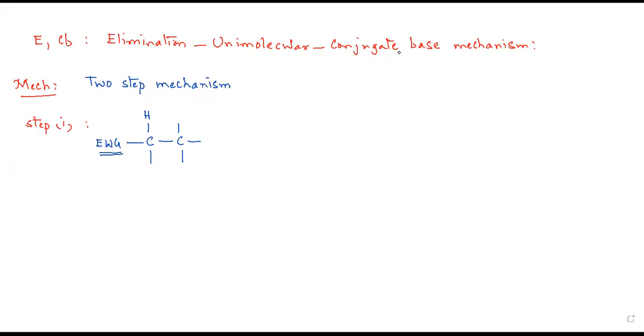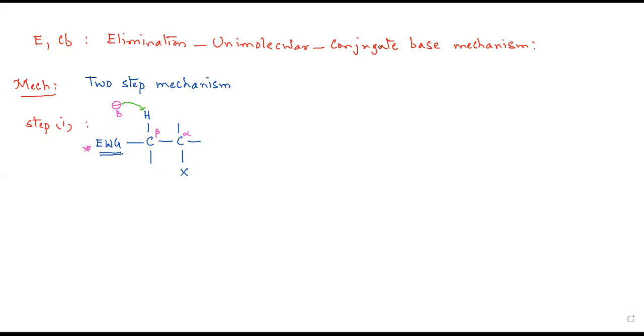See, in the first step, halogen. Now this is alpha carbon, and this of course is a beta carbon. Now here a base abstracts this H plus. Okay.